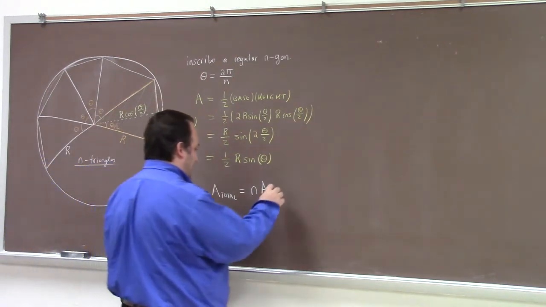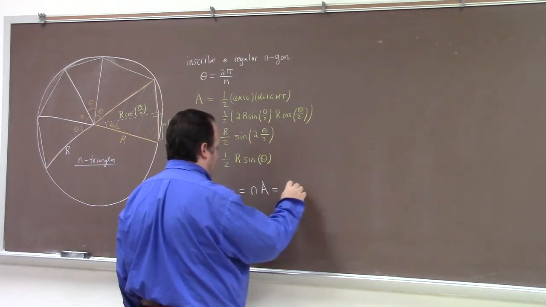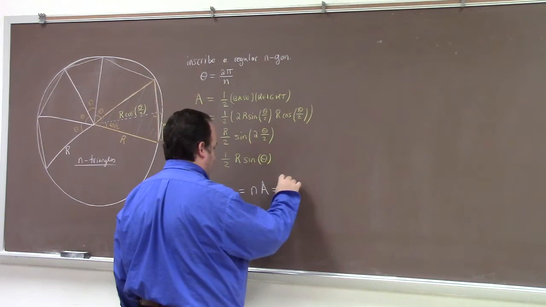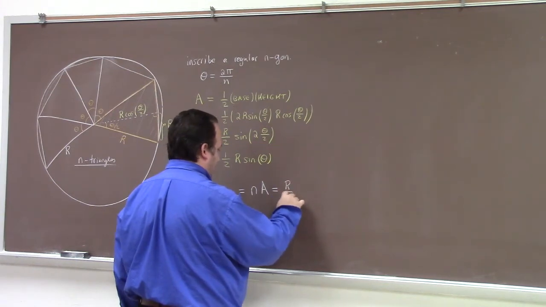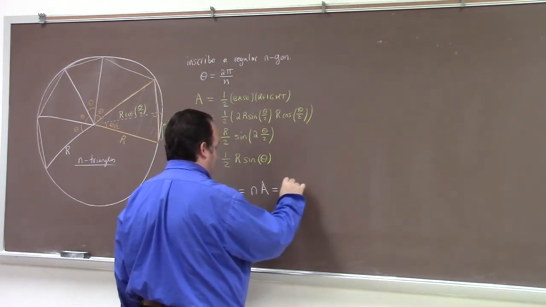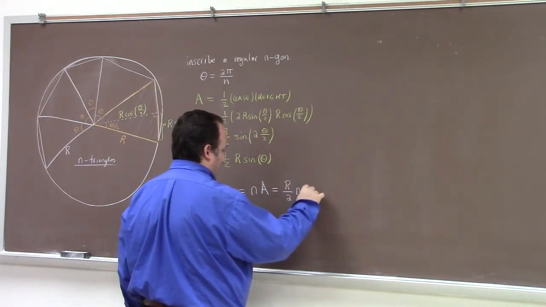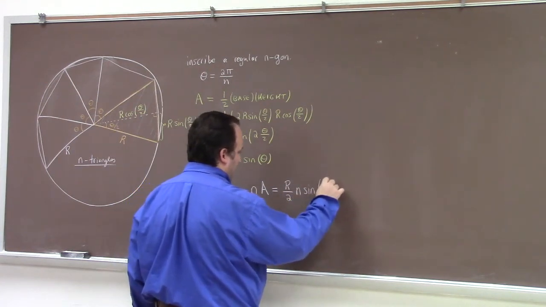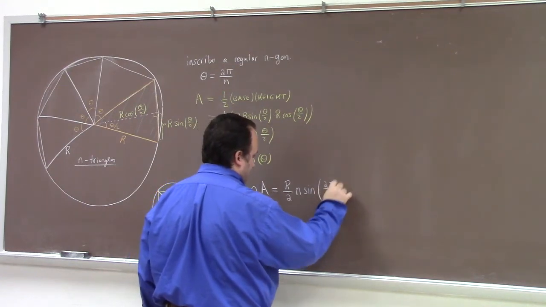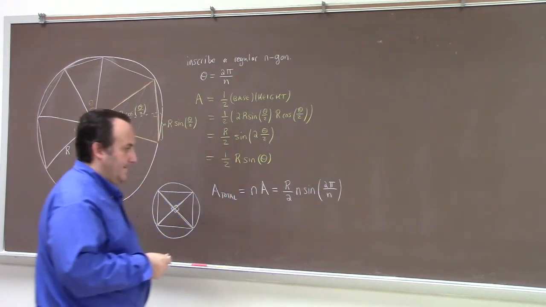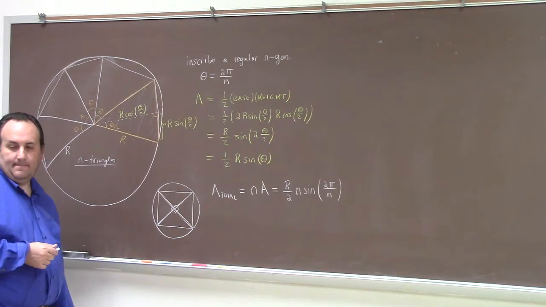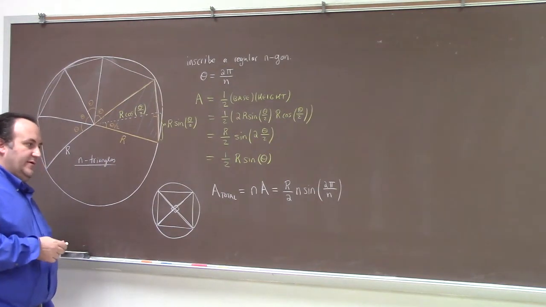So what's that? Well, that's r squared over 2 times n sine of 2 pi over n, right? So I want to rewrite that.